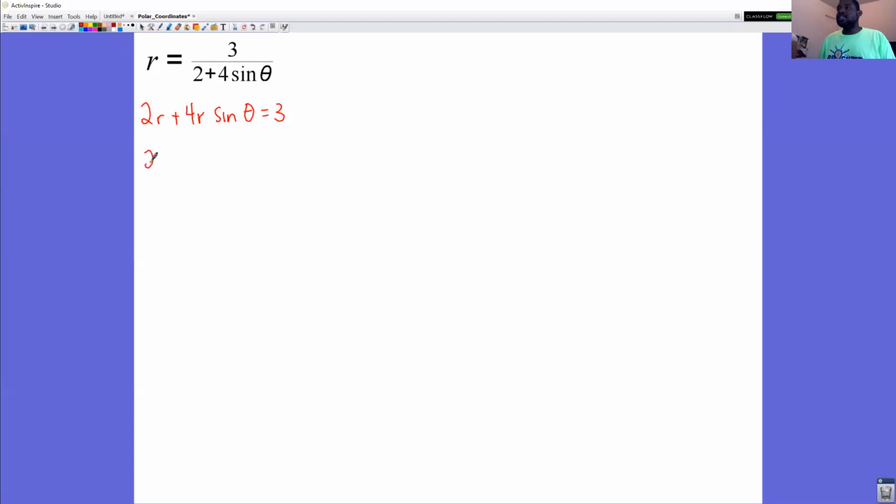And then you replace the r with square root of x squared plus y squared, and replace your r sine theta with y this time. And then what we're going to do is subtract the 4y to the right side of the equation.